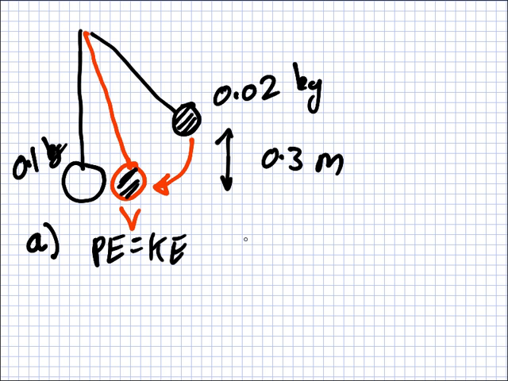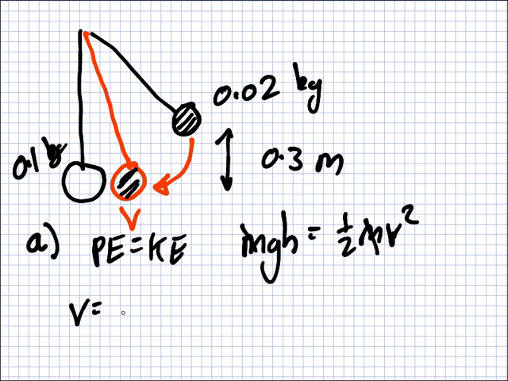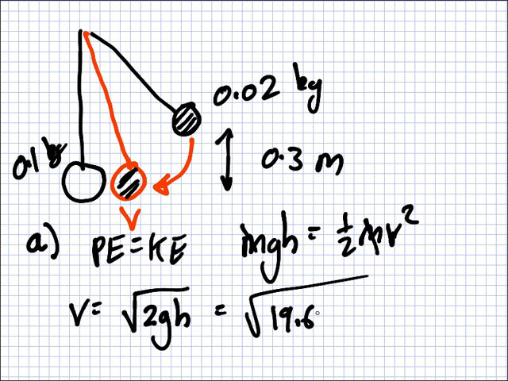So mgh equals a half mv squared. Cancel, cancel. v equals root 2gh, isn't it? Which is root 19.62 times 0.3.